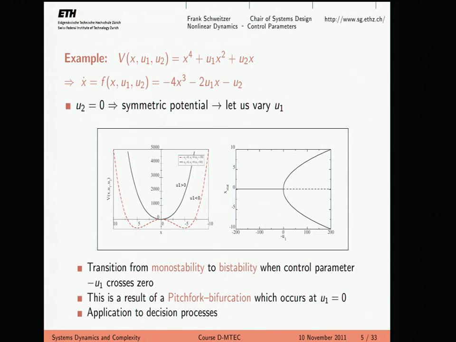Now, this is also an interesting point: the application to decision processes. So imagine, for instance, your control parameter u1 is, let's say, the size of some population. If the size is small, it's very easy for the population to reach consensus. So one stable point.